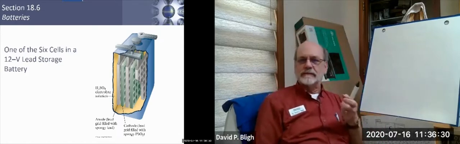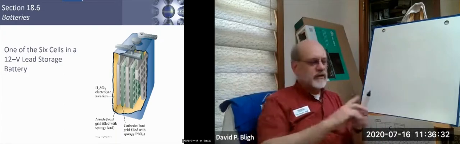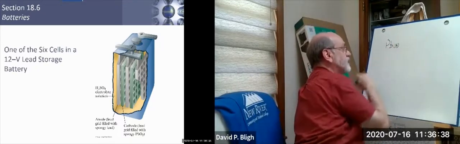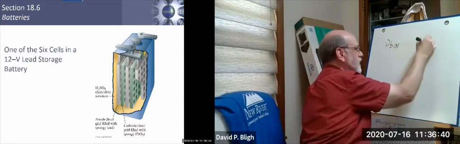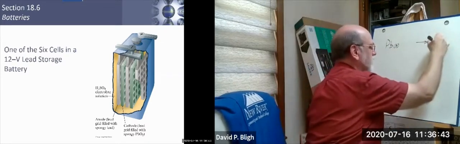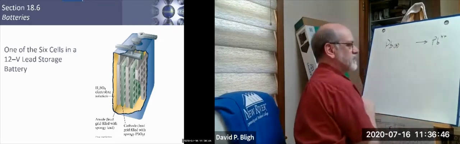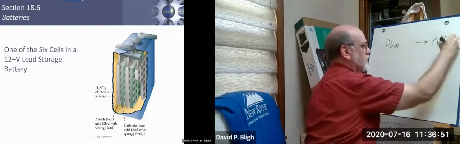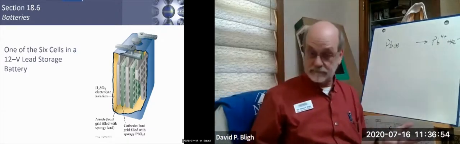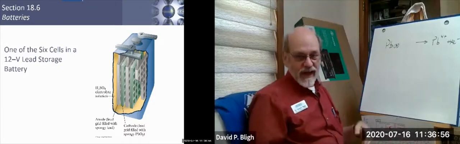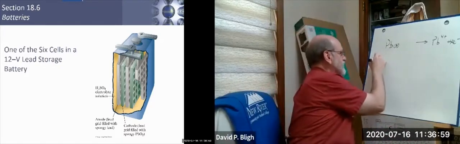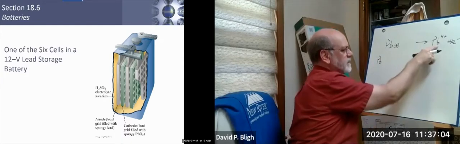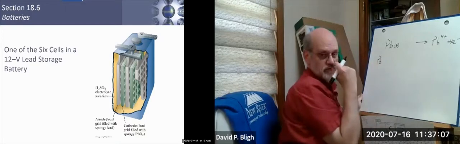So what does that mean? Well, the lead's connected to the negative pole because lead solid becomes lead 4 plus, and it loses electrons in the process, 4 of them. Okay? On the other side, the lead oxide, actually, that's not right.